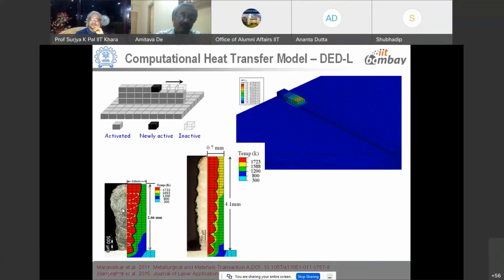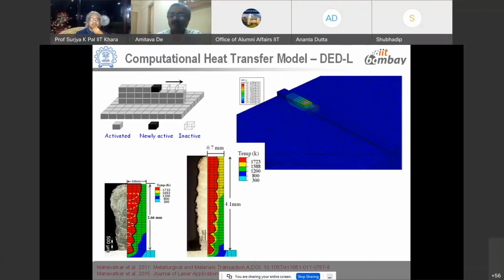For example, this is stainless steel, this is H13, it can be titanium, it can be Inconel, many such powders. All that matters is to inject the properties of the material into the model, and the model would work accordingly because it is based on standard equations of equilibrium of energy and so on.